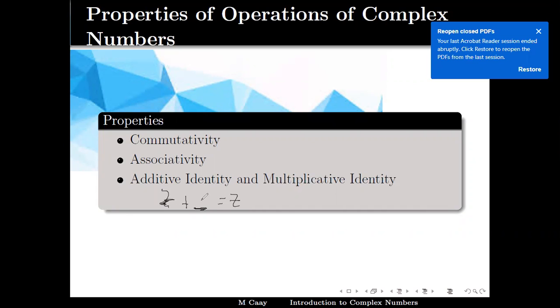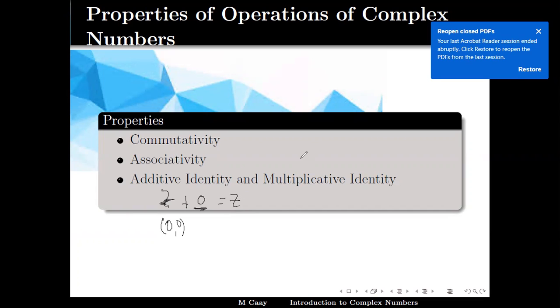What you can imagine is zero, and zero is correct. So our additive identity is of the form (0, 0). Why? Because if you add z and 0, this is actually z. So that's the additive identity.